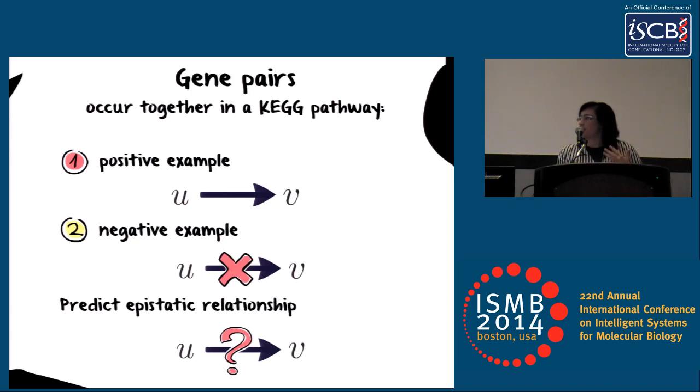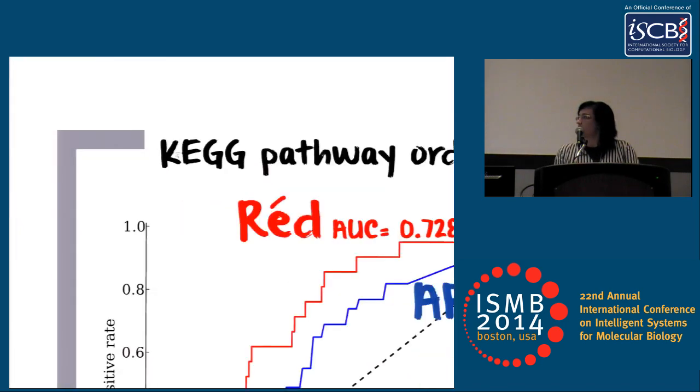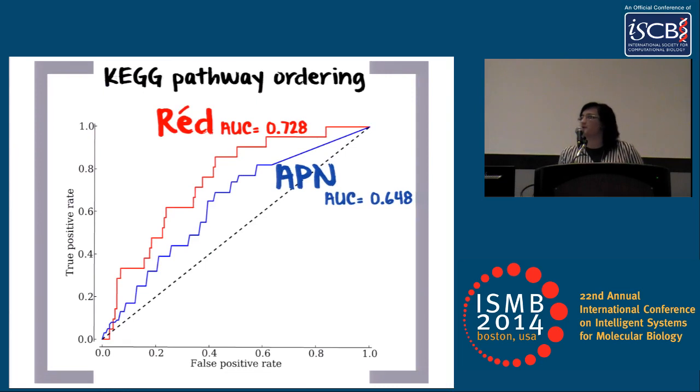So our question here is, what is the quality of predicting epistatic relationships? For that, we compared our approach, shown here by the red curve, with the approach by Bettel, APN. We can see here that the performance of the proposed approach is substantially higher, which indicates that there is perhaps some benefit to our way of modeling.